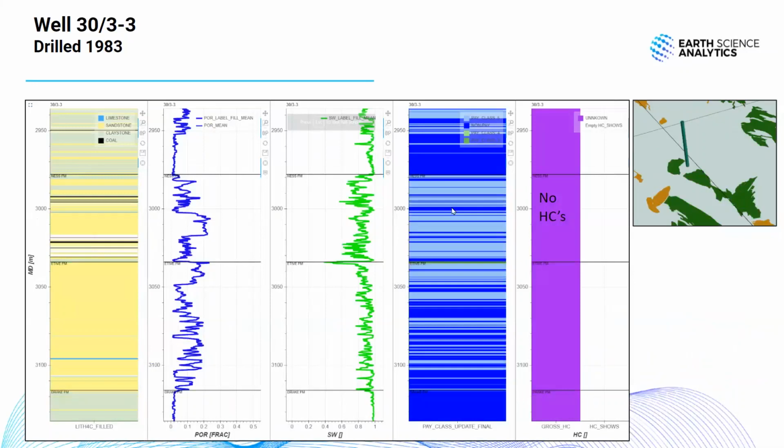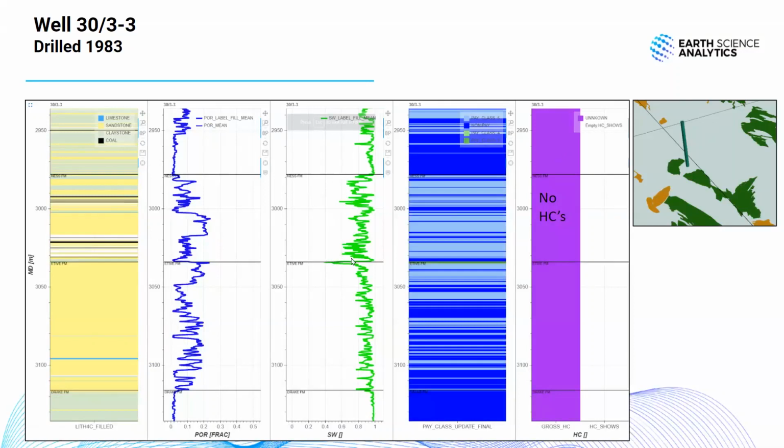Another well, which was classified as dry, the 33 well. You see map insight on the far right. Predicting sand in the Nesst formation and the associated porosities. We have lower water saturations in the Nesst formation.